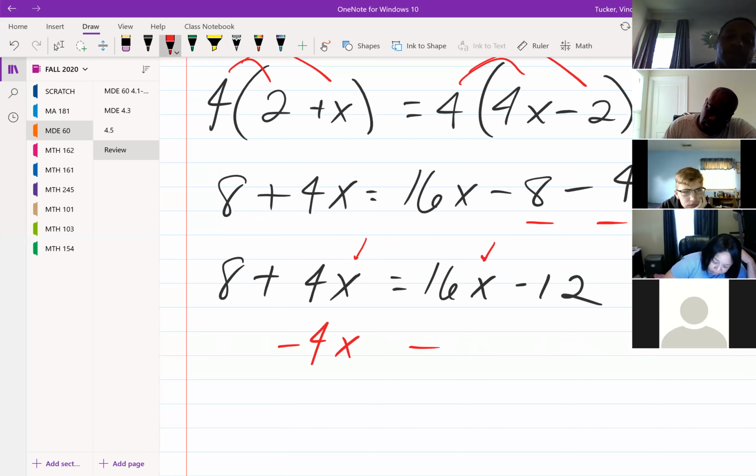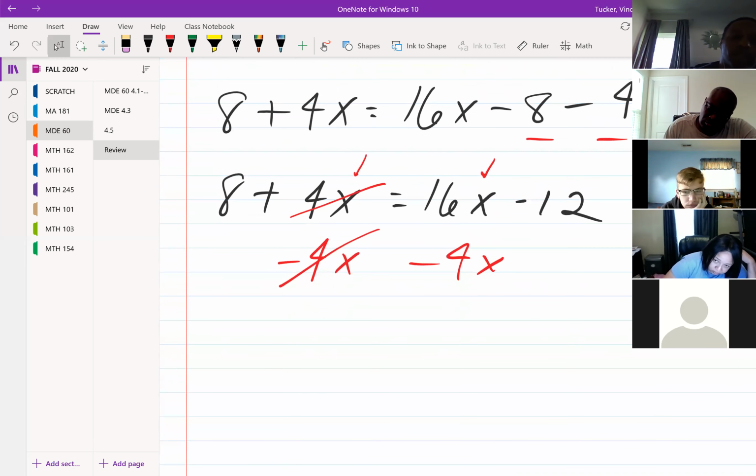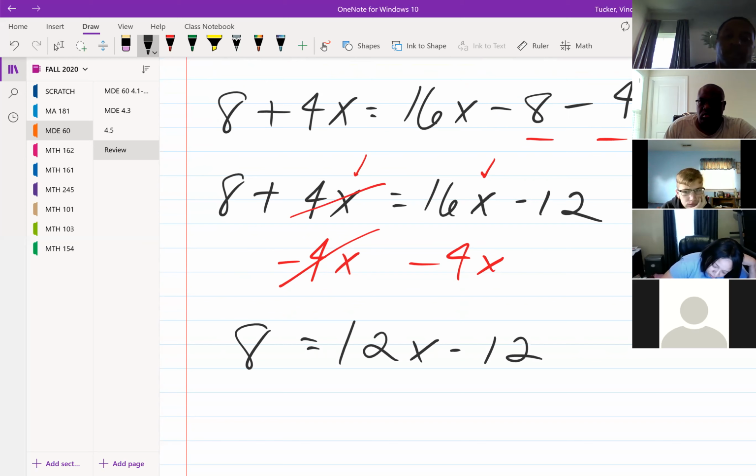So if I subtract 4x from both sides, the 4x's will cancel on the left, leaving me with just 8. On the right, I have 12x minus 12. All right.